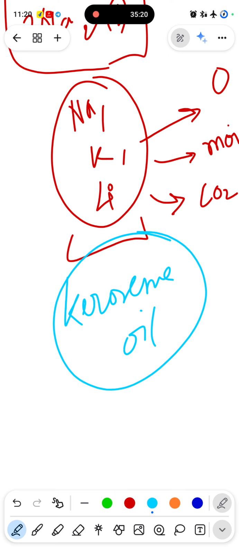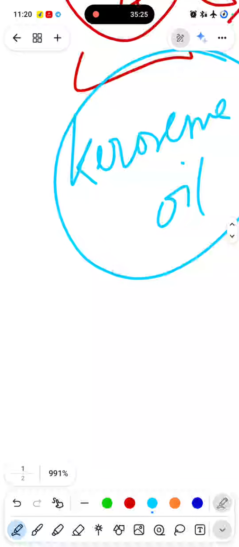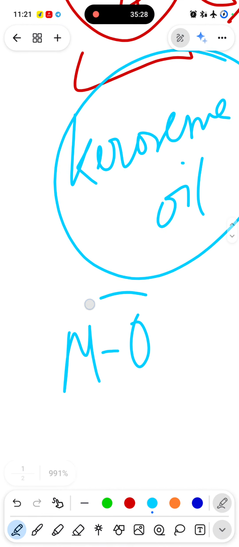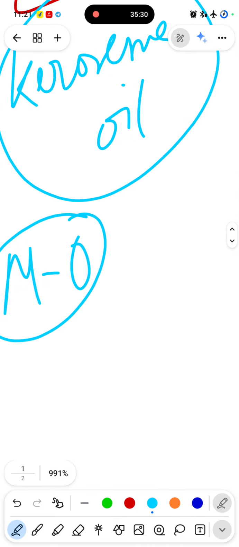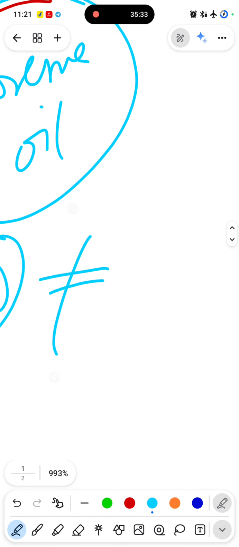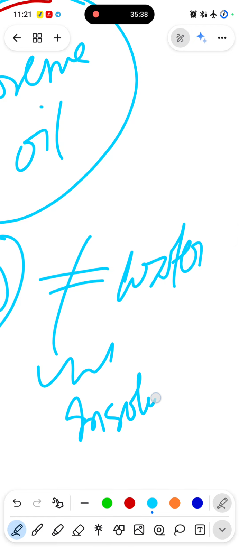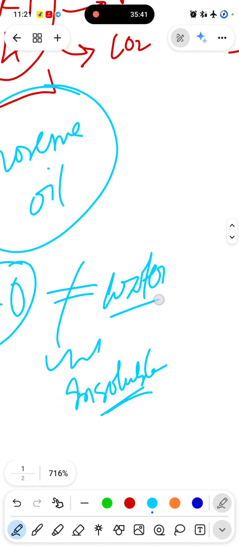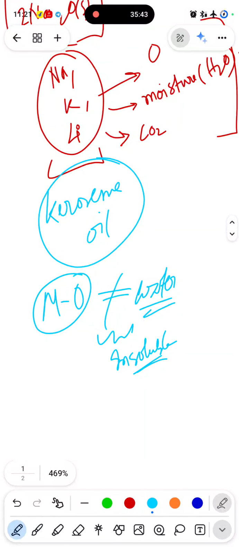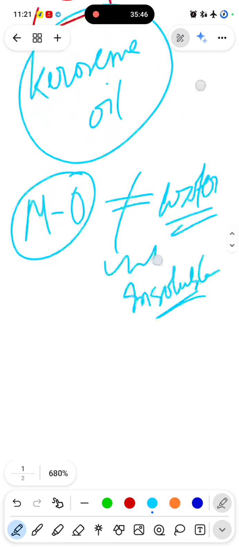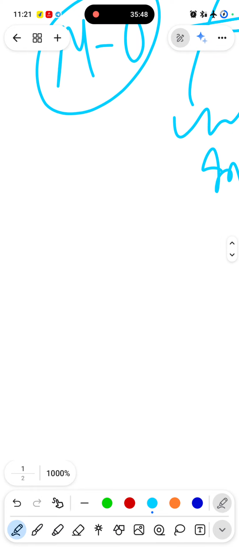Now, most of the metal oxides are insoluble in water, but some of the metal oxides dissolve in water to form alkalis. But some metal oxides dissolve in water. There are some exceptions, like sodium oxide and potassium oxide.